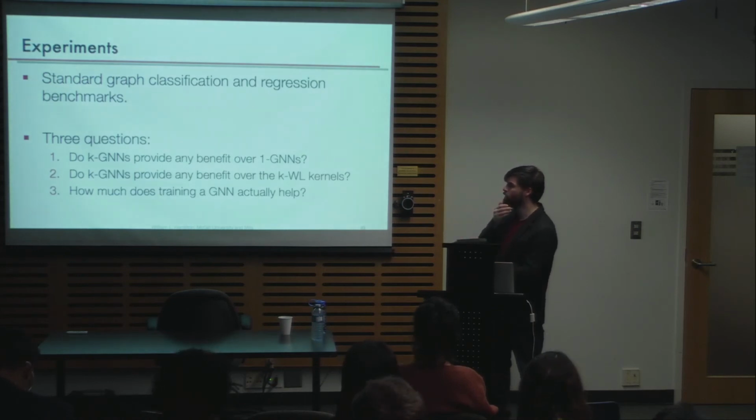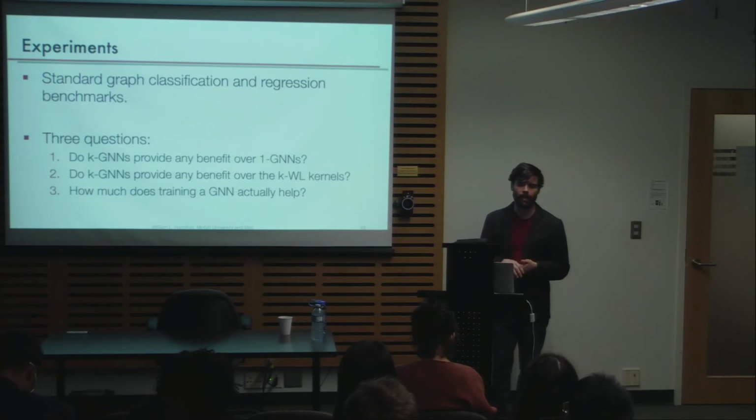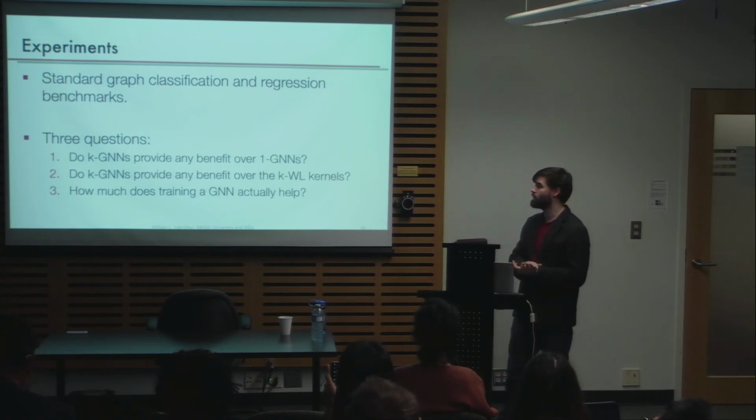So one, we wanted to know, do these k-graph neural nets provide any benefit over graph neural nets in terms of actual performance? A perhaps more interesting question is, do k-GNNs or GNNs in general actually provide any benefit over these kernels? So as I said in the beginning, we know that graph neural nets are provably no more powerful than these kernels in a kind of expressive worst case sense. So do they actually provide any benefit in practice?